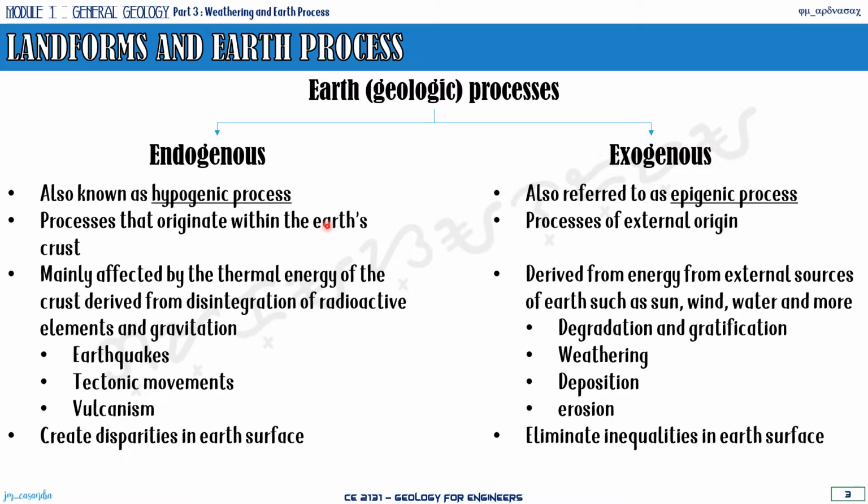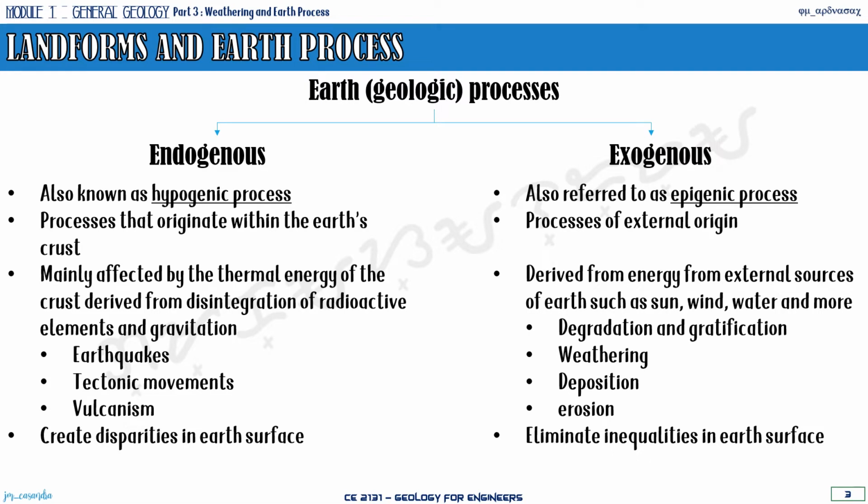So basically, endogenous process could be classified as a constructive process of Earth, while exogenous process would be classified as a destructive process along the way. Though along the way of that destructive process, there are also some parts that are creating some force. But more or less, the creation of our landforms comes with elimination or destruction.